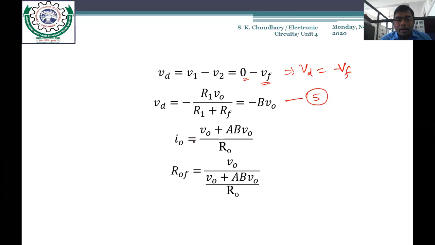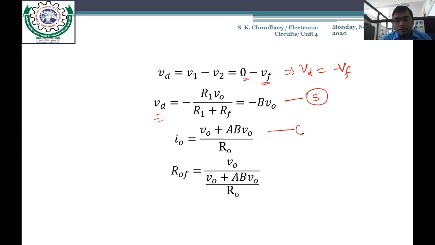Then substitute the value of VD in the I naught equation, equation number 4. You get I naught is equal to V naught plus A VD, and instead of VD you write minus B V naught. So it would be V naught plus A B V naught upon R naught.